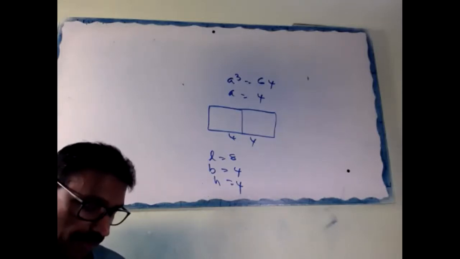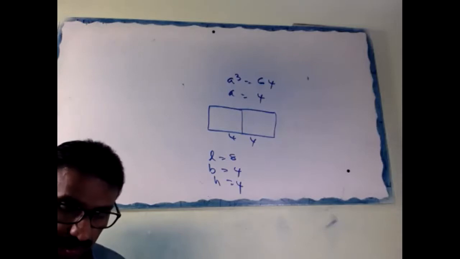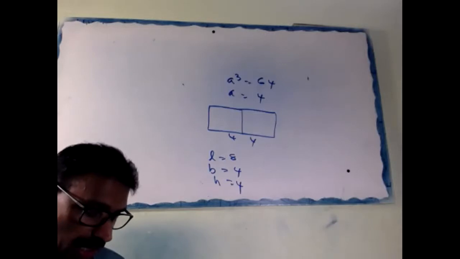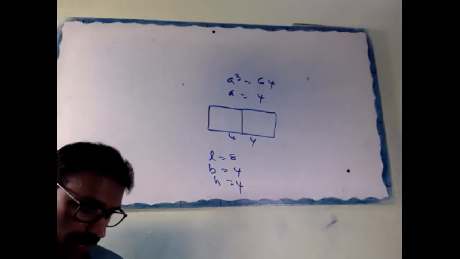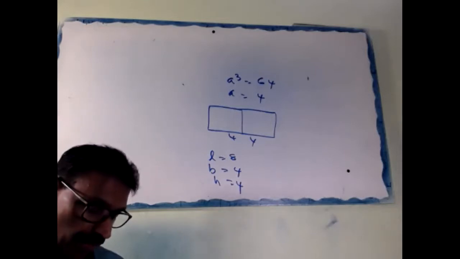It is melted and drawn into a wire having diameter cross section as 0.2 centimeter. Find the length of the wire.